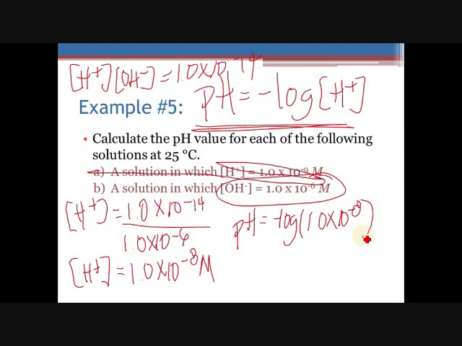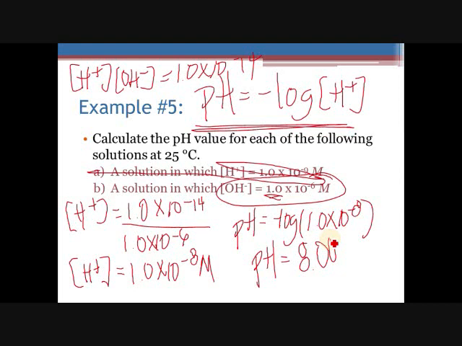From that negative sign I'm going to know that my pH is going to be positive 8. Rarely, if not ever, do you have a negative answer for your pH. Last but not least, crazy sig fig rules. We had 2 sig figs to start, so that means we need 2 decimal places on our answer.